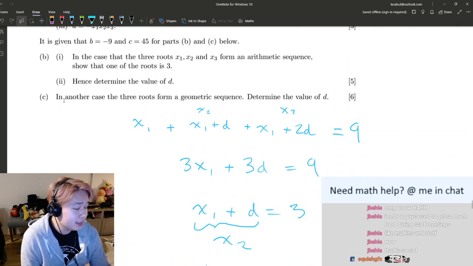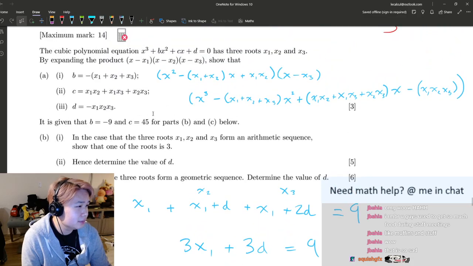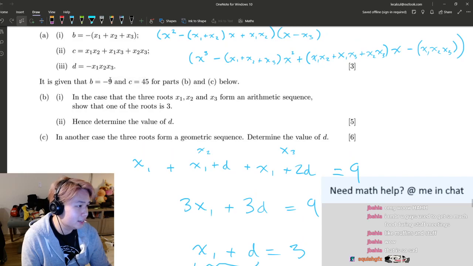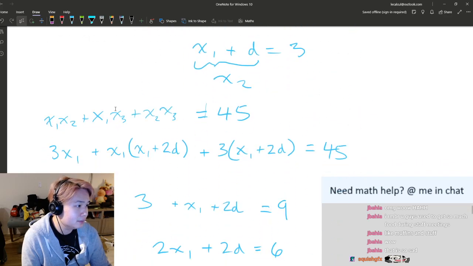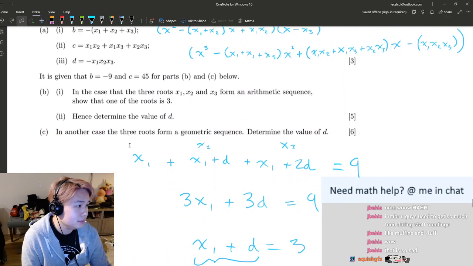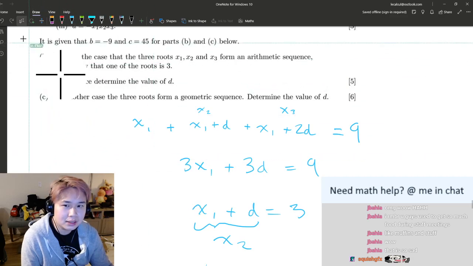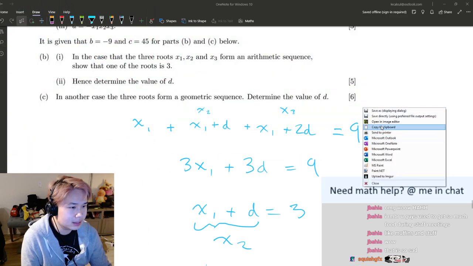Okay. In another case, the three roots are going to form a geometric sequence, so then we need to find the value of d again. I'm assuming, oh yeah, it's given here, that these are still a thing.